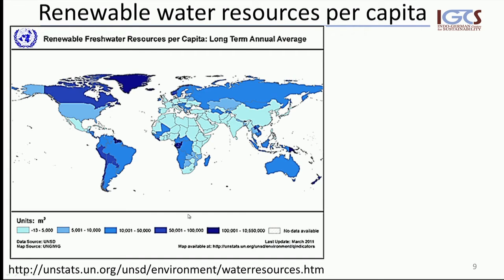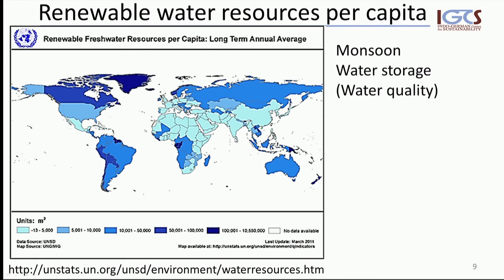What you can see here is that the scale is from a light blue to a dark blue. Light blue is a fairly low amount of renewable freshwater resource per capita, and dark blue, fairly high. And we see that India is very much on the lower end in this case.